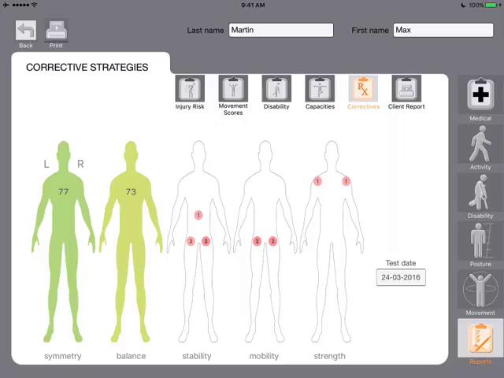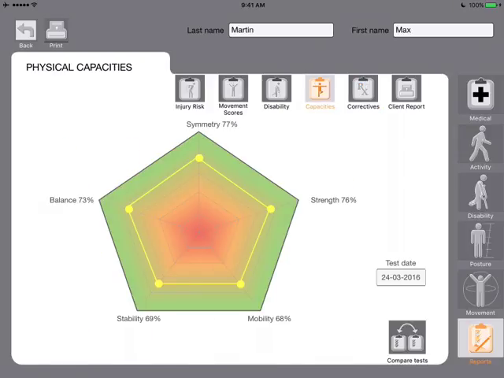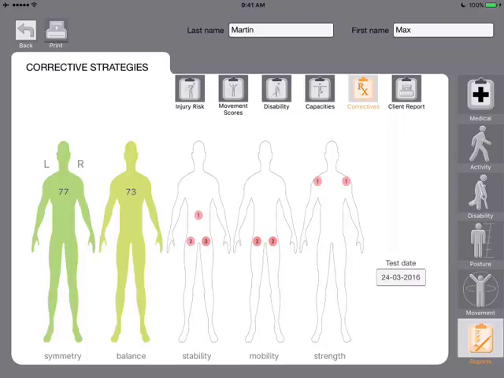So the symmetry and the balance scores are carried over from the overall capacities. As we mentioned, they are whole body measures. So we're seeing a symmetry of 77 at the top and a balance of 73, but then the other three capacities are broken down by joint.